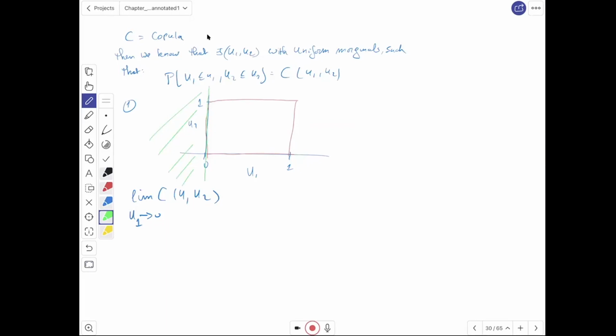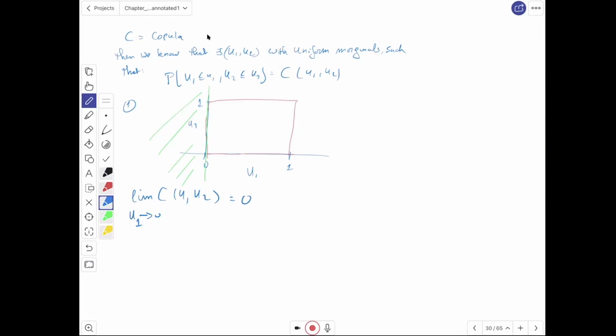And this probability, of course, should go to 0. If u1 is going to 0, then in the limit, there is no way that you can assign any probability mass there. So it should give you probability 0. That follows from the fact that U1, U2 are uniform marginals.